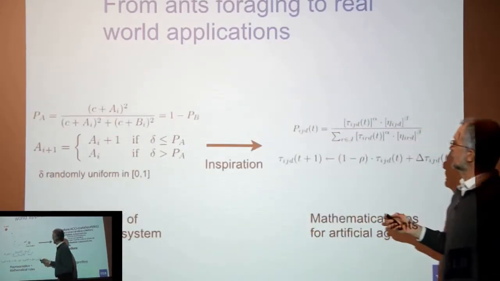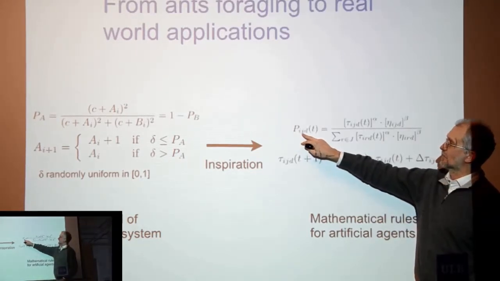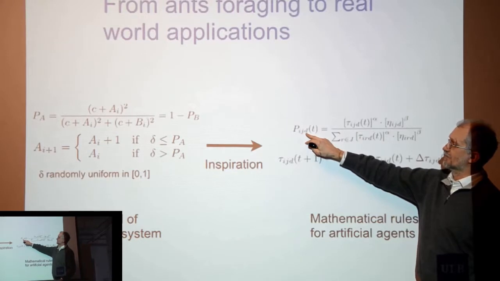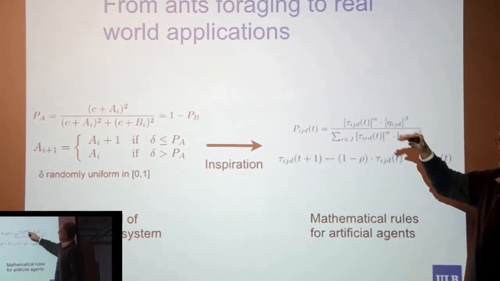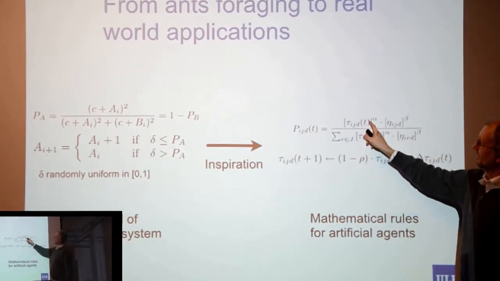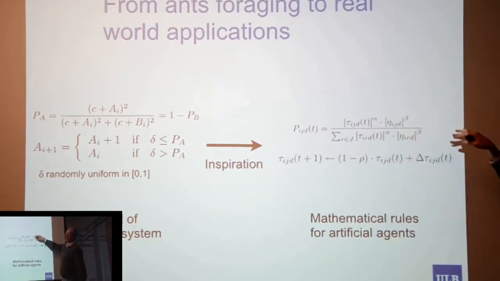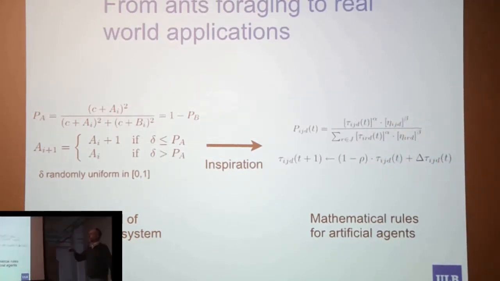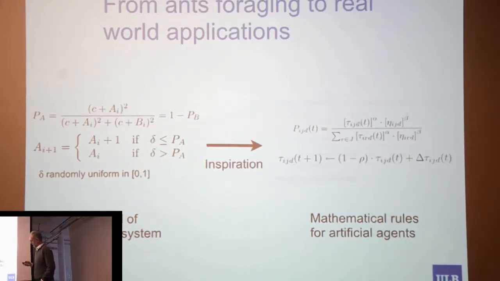Basically, if you want to read it, the equation says that if an ant is in node I and wants to move to node J and its final destination is D, then it should choose among all the possibilities the one that has the highest pheromone and the highest of some other information that we don't care about right now. And this is done probabilistically.